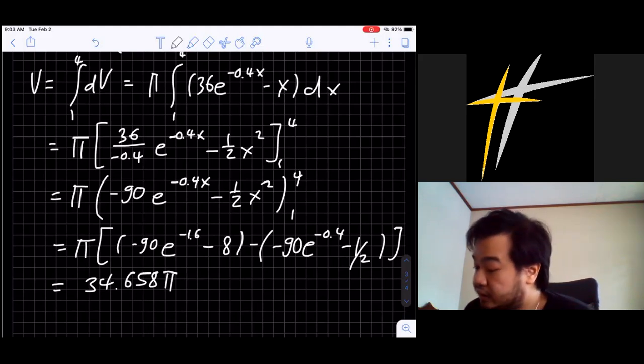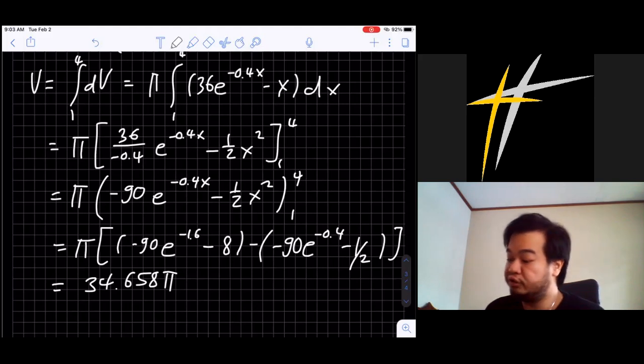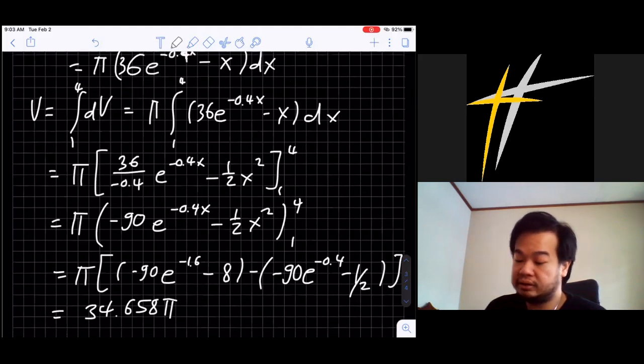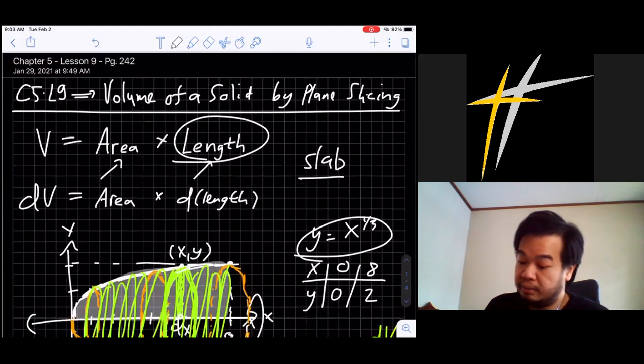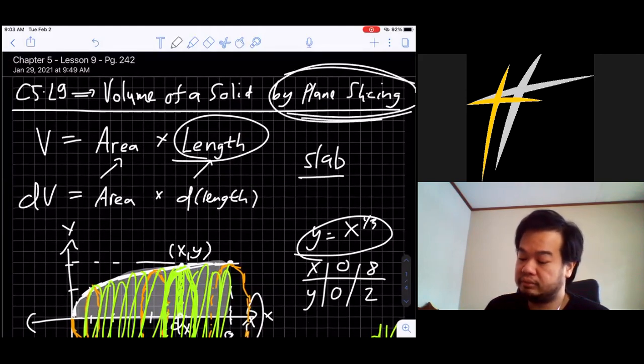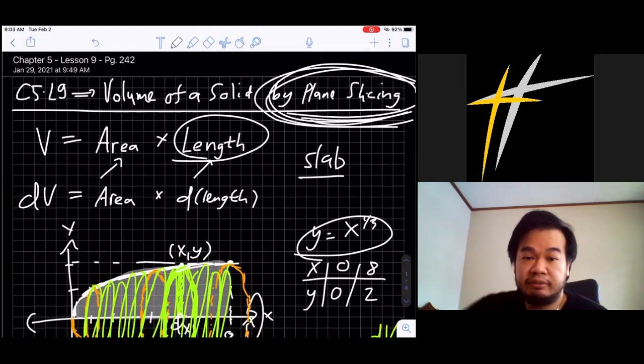The same discs or washers would be generated if the solid were generated first, then sliced with planes perpendicular to the axis of rotation. As a result, the technique you have been using is called finding volume by plane slicing. Actually there is another method, which is cylindrical shell, but we will not go through it. We will discuss it later at the end of this semester.